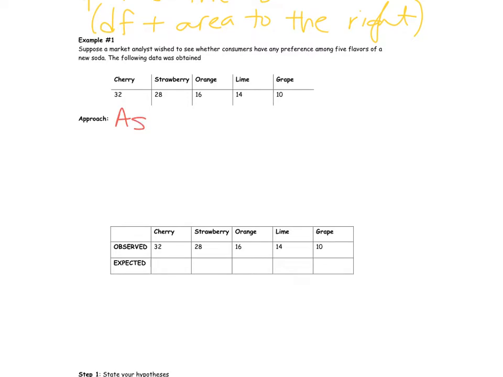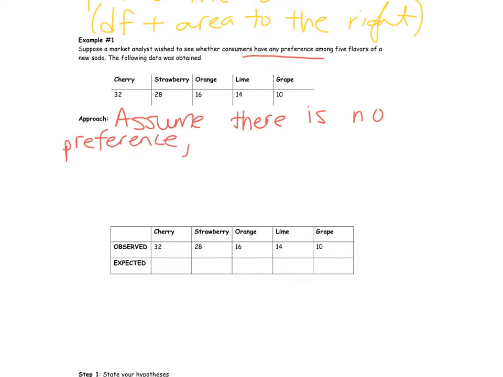If she wants to see if they have any preference, let's assume there is no preference. All right, and under that assumption that there's no preference, let's find the expected values of each category. Again, assuming no preference.